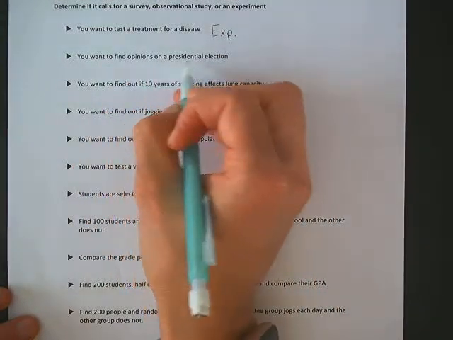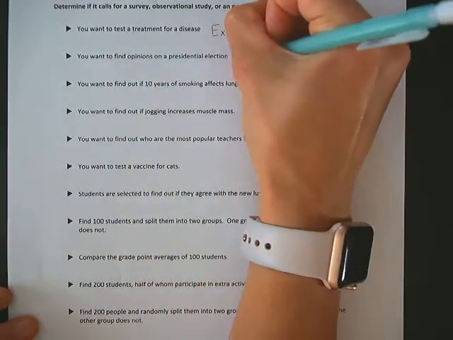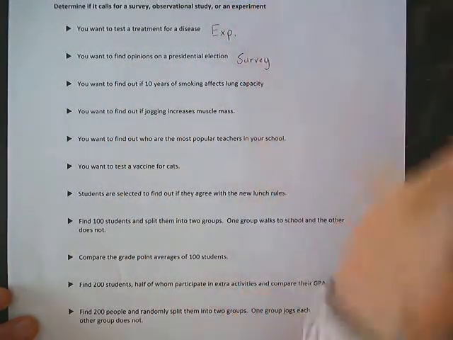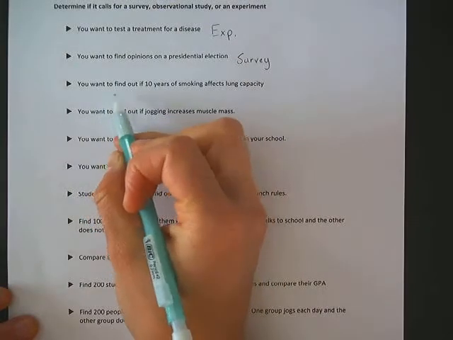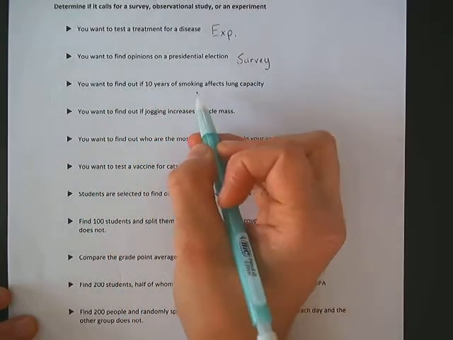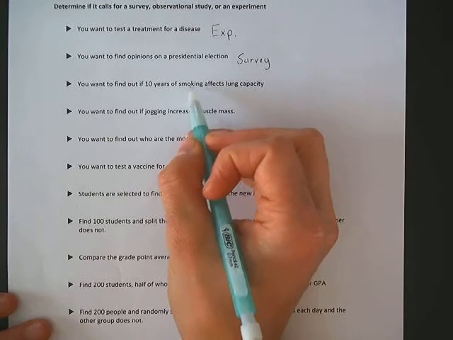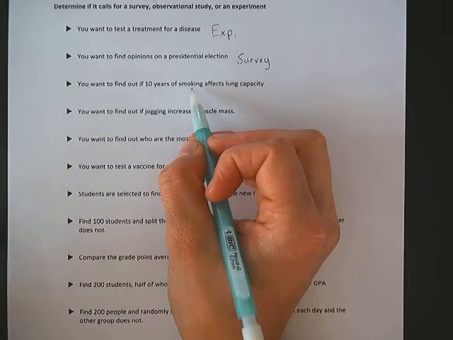You want to find opinions on a presidential election. Well, you could just ask them. So that would be a survey because you just ask them. You want to find out if 10 years of smoking affects lung capacity. With this one, it would be better to do an experiment, but think about it. Could you make people smoke? You would have to make people smoke to do an experiment, and you can't do that.